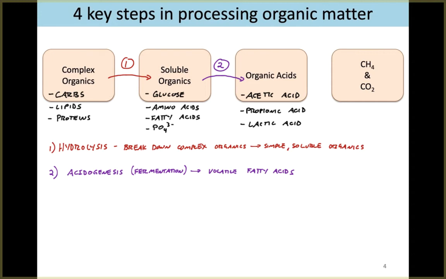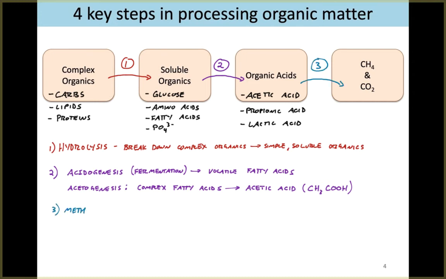So we're taking those organics and we're converting them into volatile fatty acids. And then those fatty acids are used as an input in the process of acetogenesis, and they're turned into acetic acid, and that's CH3COOH. So both of those steps are sort of happening in tandem to form a host of organic acids in the digester. And that third and final step is the methanogenesis.